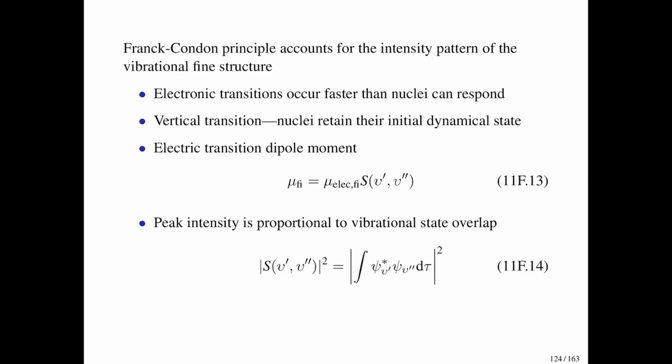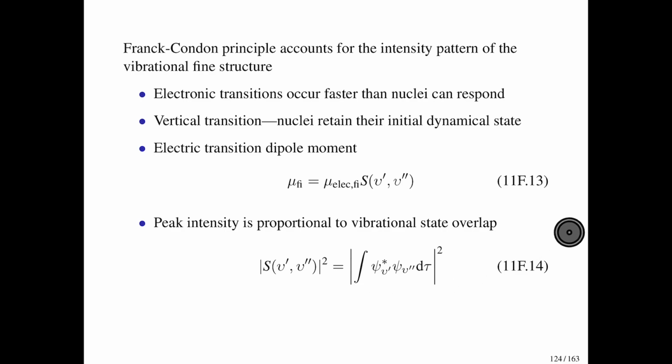So the intensity of the peak is determined by the transition dipole moment, and there are two factors at work here. I've skipped over the math, but one is the transition dipole moment for the electronic wave functions. So the ground electronic state and the excited electronic state have a transition dipole moment. And then this term here, this S, represents an overlap between two vibrational wave functions, one on the ground electronic state and the other one on the excited electronic state.